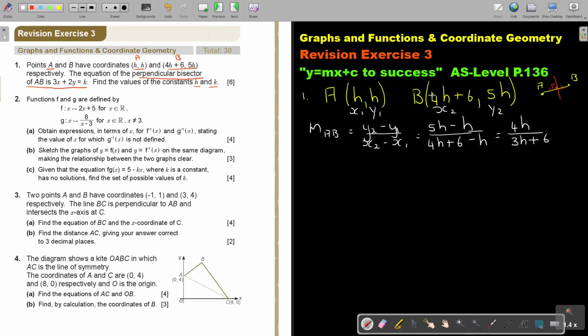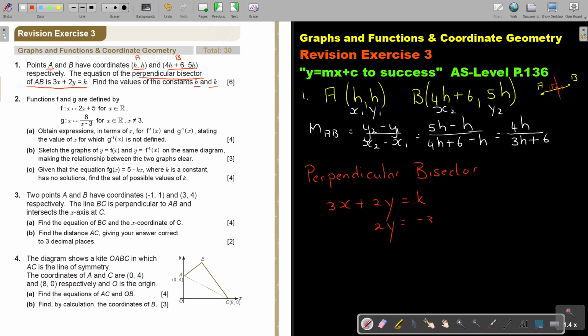But out of this red line, the perpendicular bisector, I can also find the gradient. That's 3x plus 2y equals k. So make y the subject of the formula.